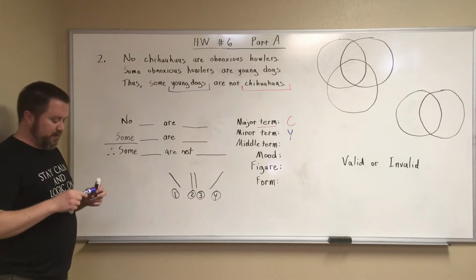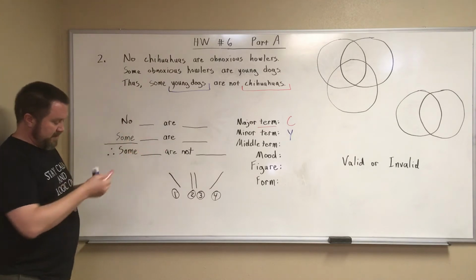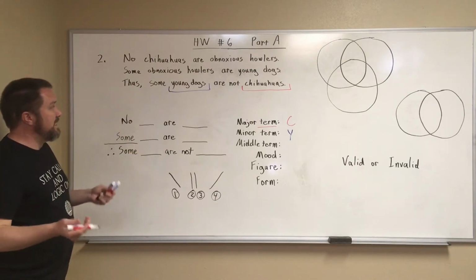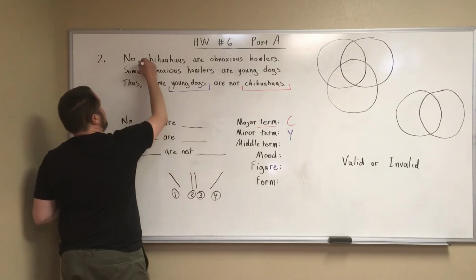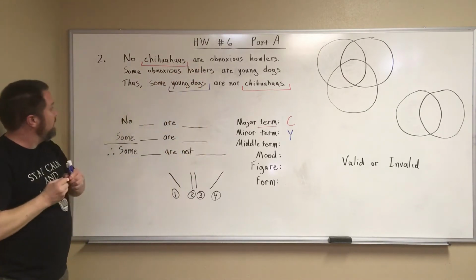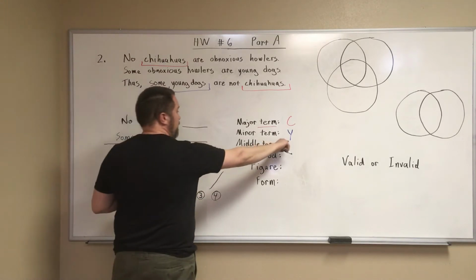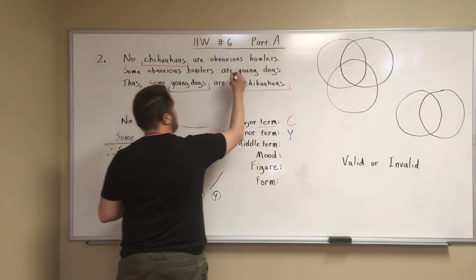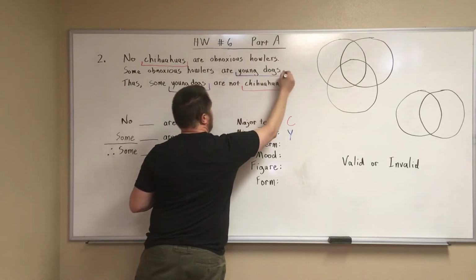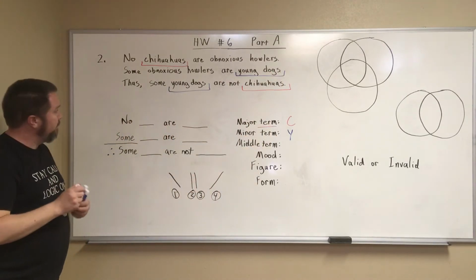And that'll be called the major premise. So the major premise is always on top. And we've already established that the major term is C, chihuahuas. And indeed, the premise with chihuahuas in it is the first statement. So we should be good. Let's double check. Minor term is Y, young dogs. And that is in the second statement. So we're all good on ordering.